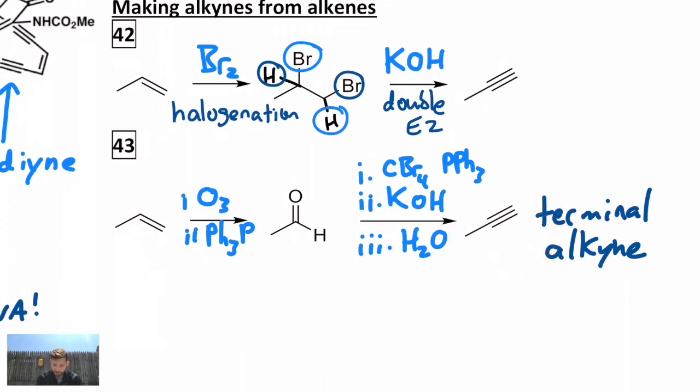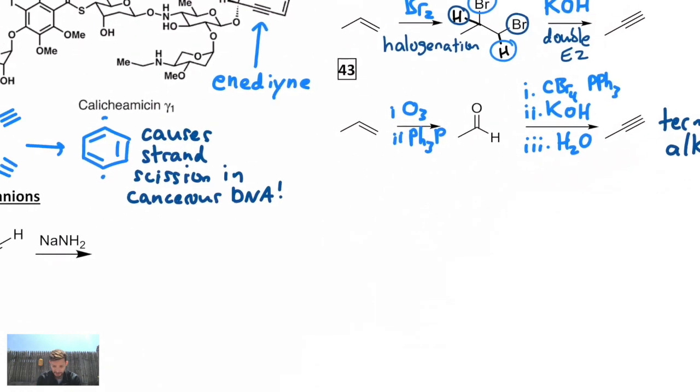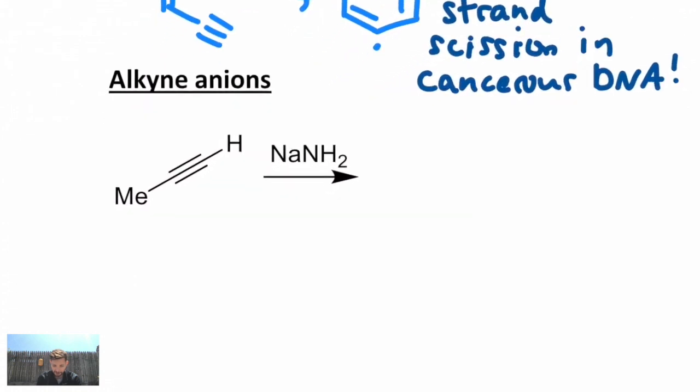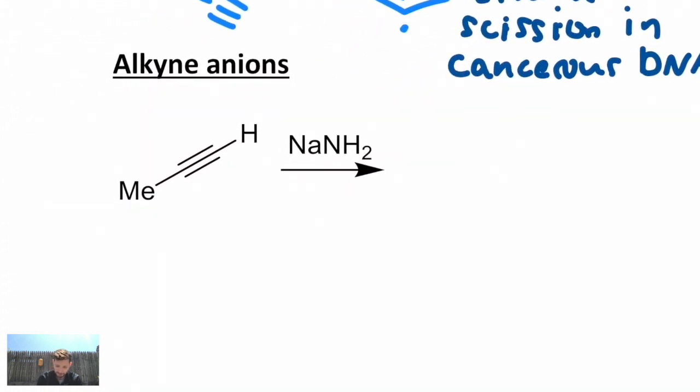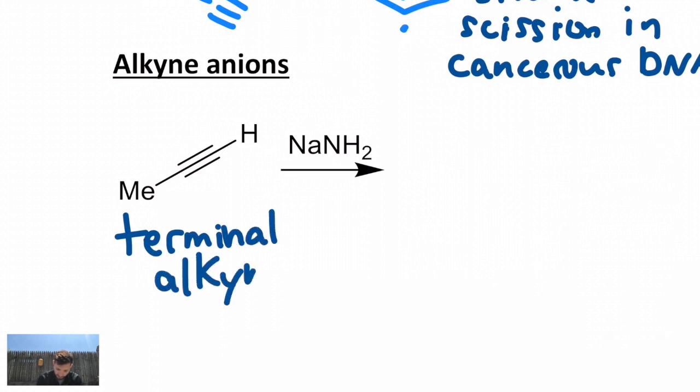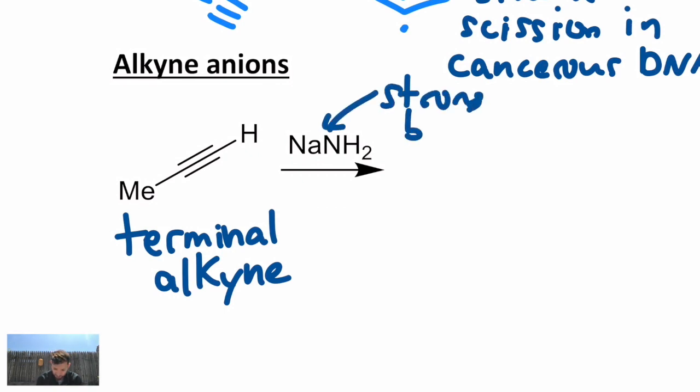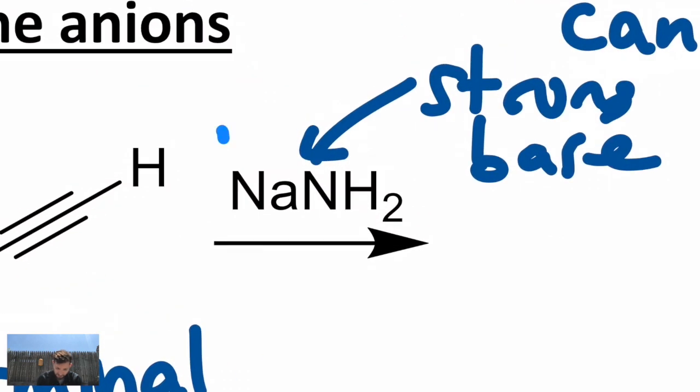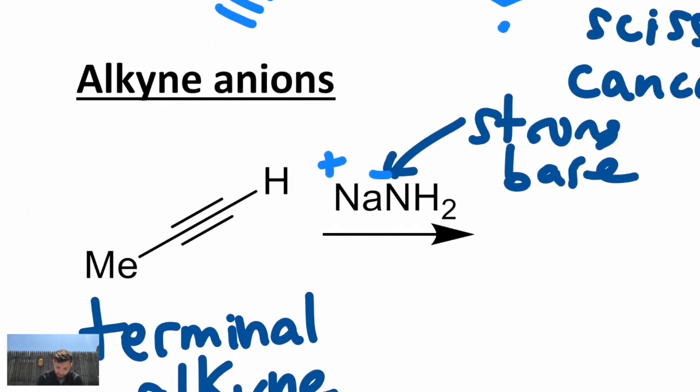Once we make alkynes, how can we use them? It's all about making what's called an alkyne anion. If you have a terminal alkyne, meaning at the end of a chain, you can deprotonate it with a really strong base, super strong base. This is essentially Na plus and NH2 minus.